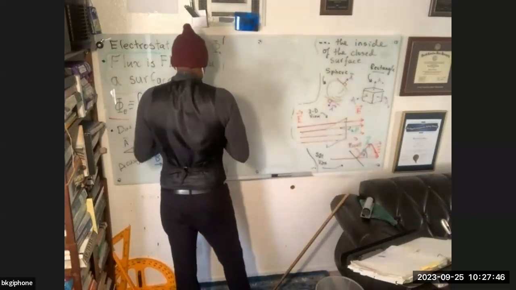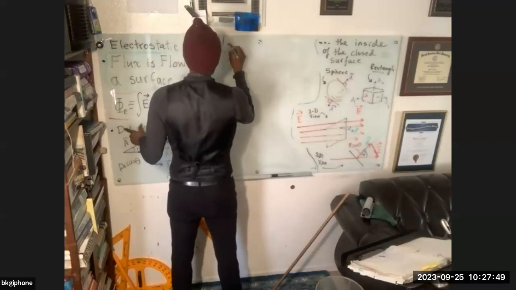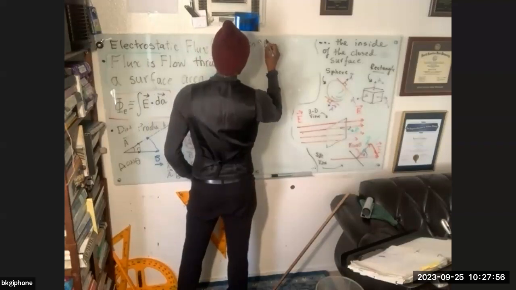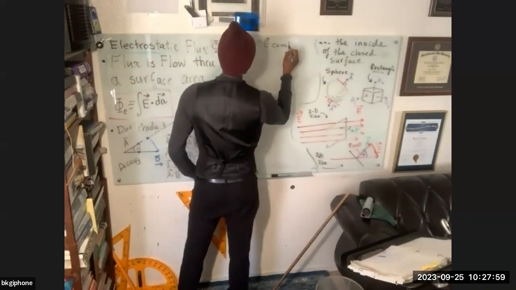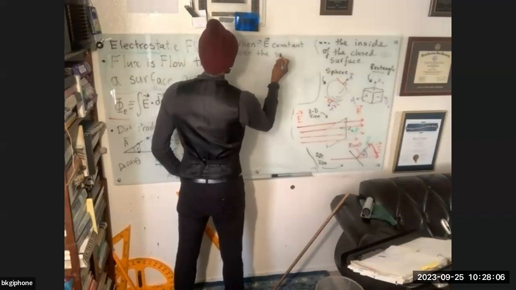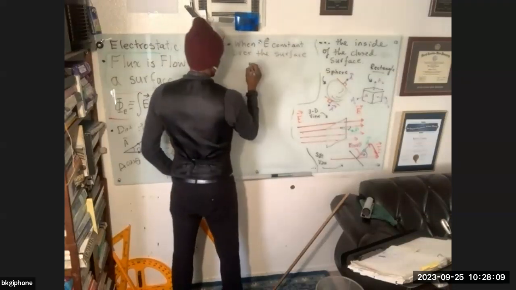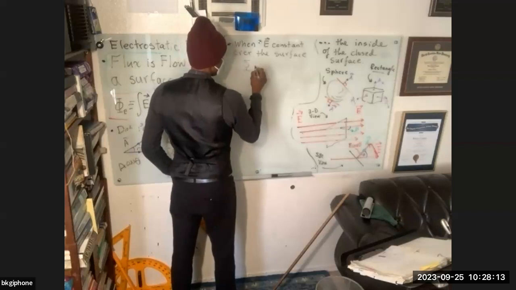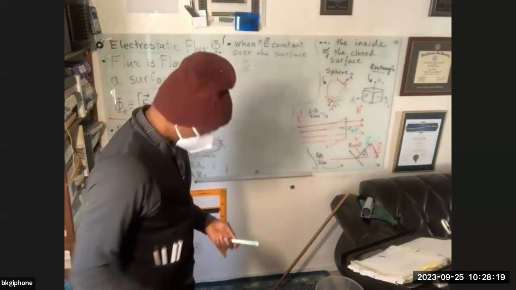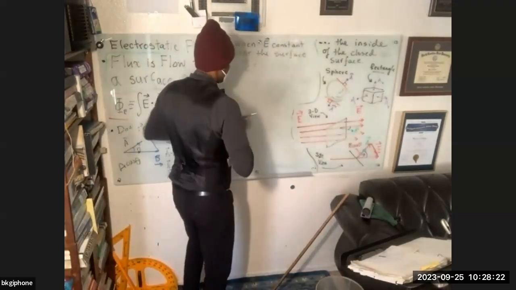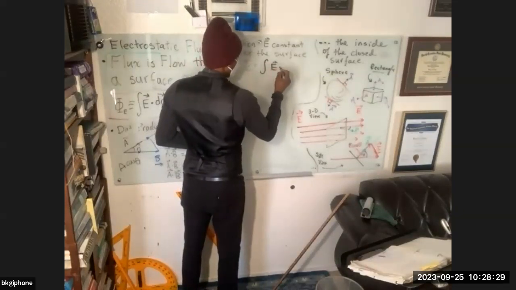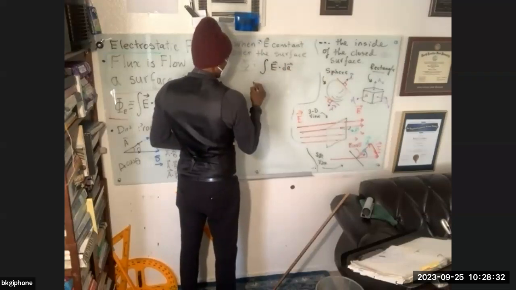So when E is constant over the surface, then this integral of E dot dA, well, first of all, you do the dot product.